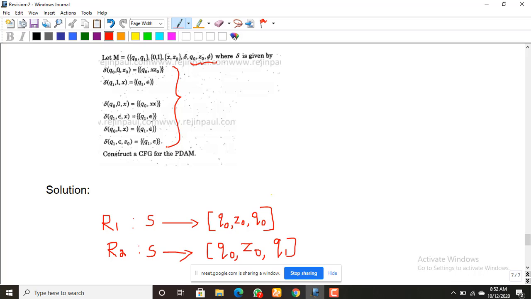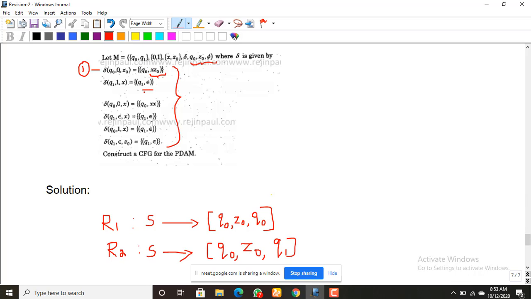Now these are all the instantaneous descriptions. First I will take the first instantaneous description. This is the first one, which is an example for non-terminals, because X is Z naught, which is part of a non-terminal.